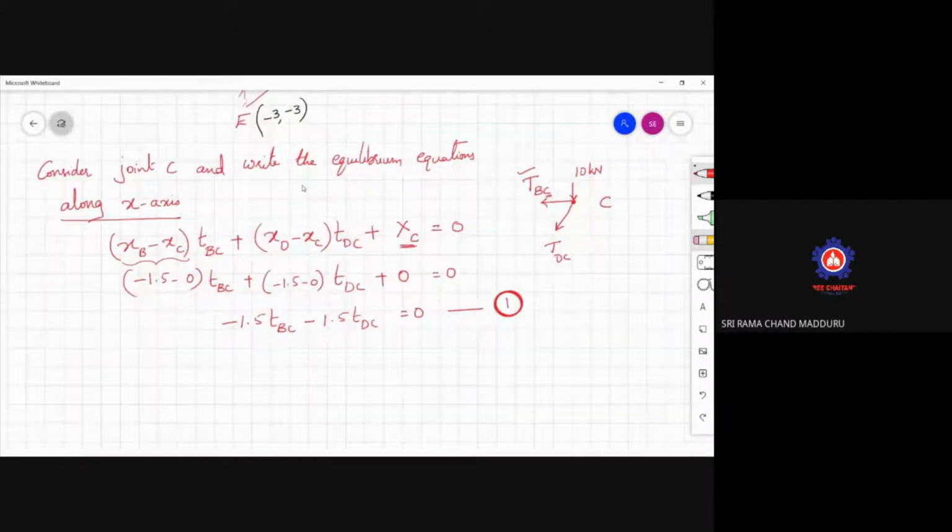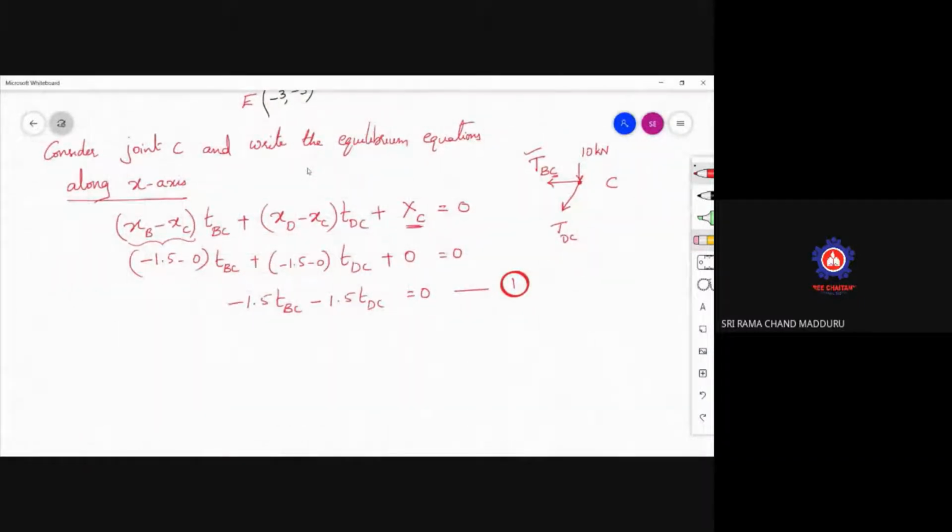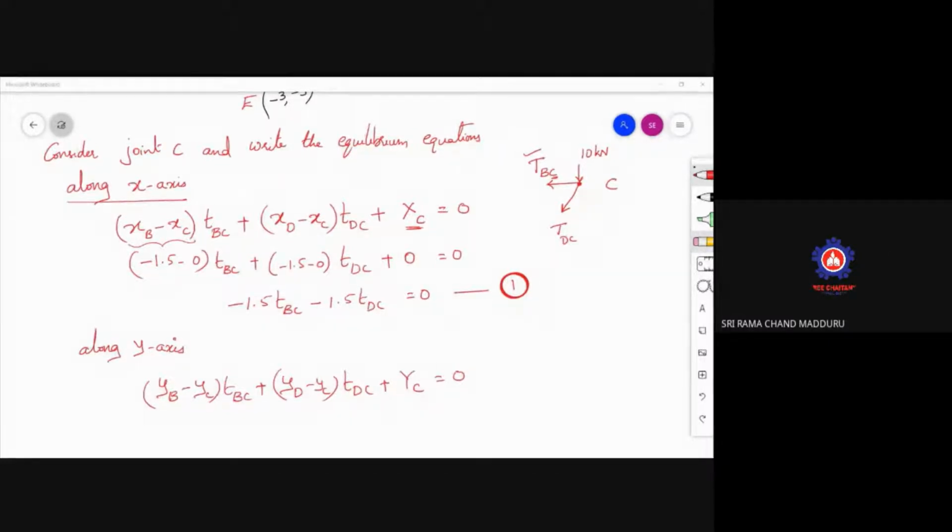Now write down the equilibrium equations along the y-axis. Along the y-axis, that is yB minus yC into TBC, plus yD minus yC into TDC, plus capital YC is equal to 0.